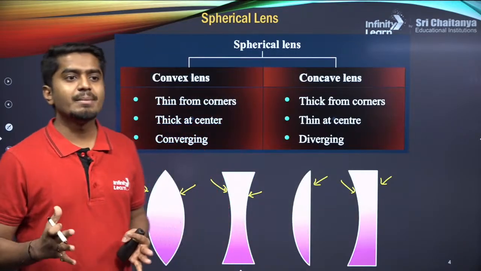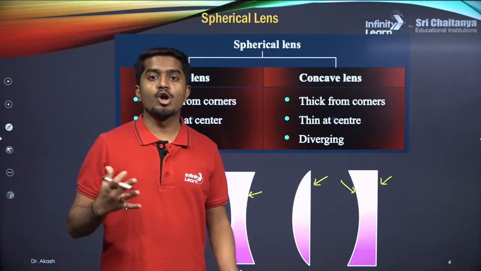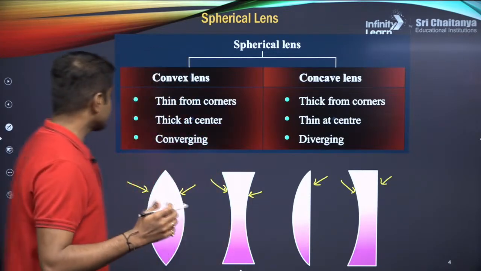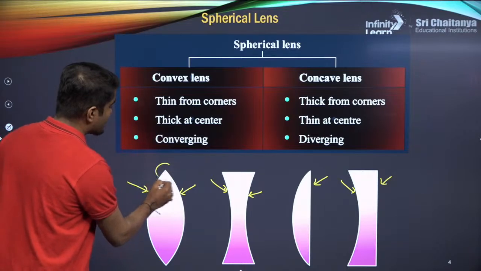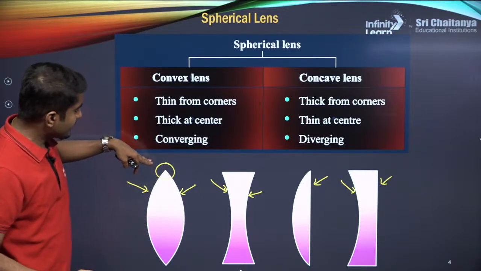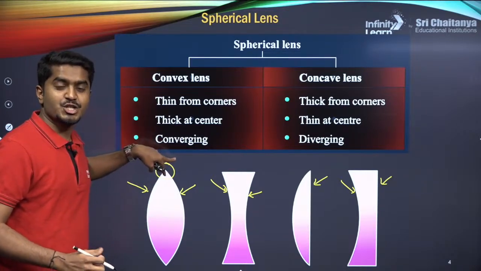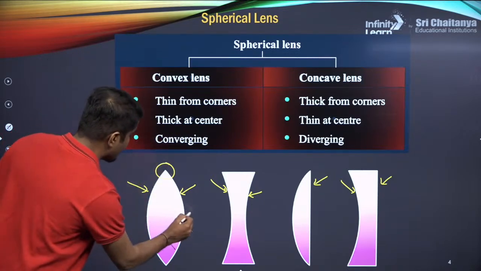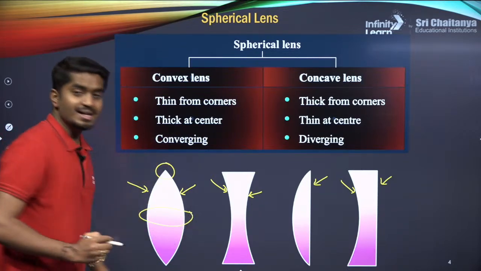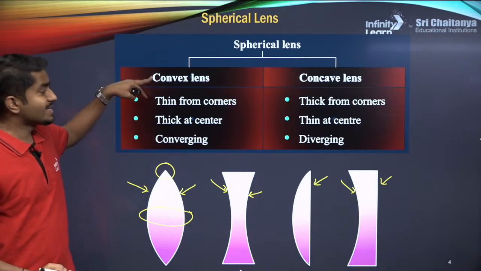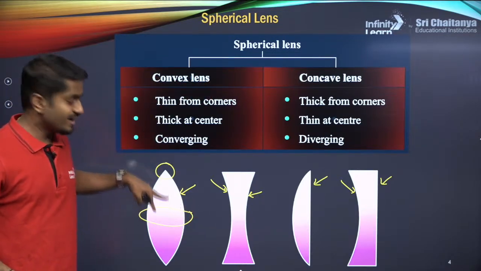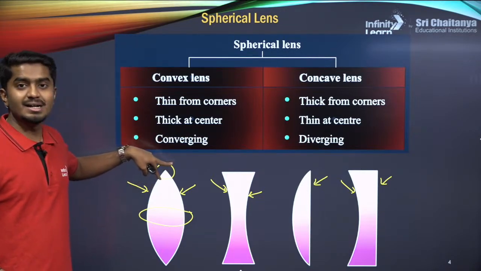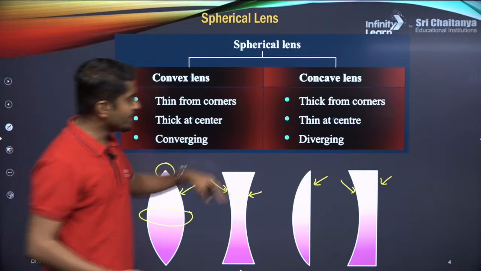But how do you determine whether the lens is convex or concave? There are certain rules. We look at the edge. If the thickness at the edge is smaller compared to the thickness at the center, then this lens is called a convex lens. They are thicker at the center and thinner at the edge. How about concave?